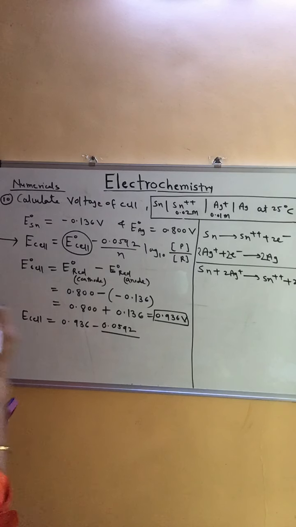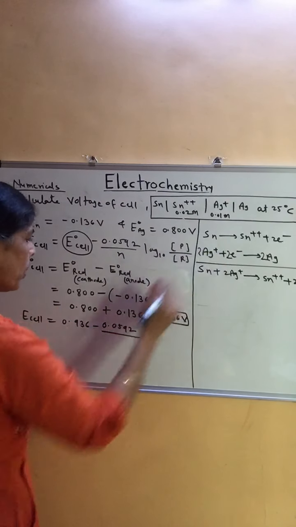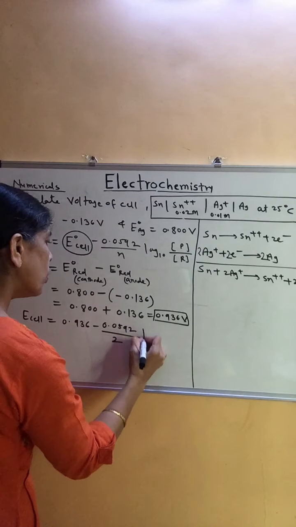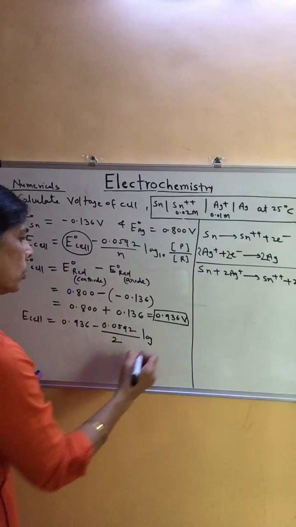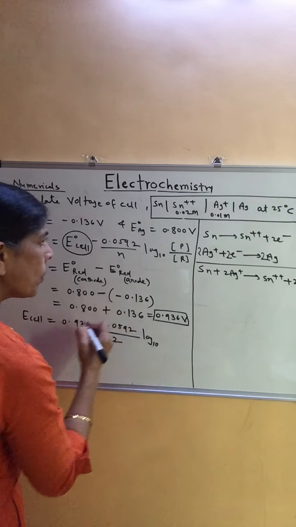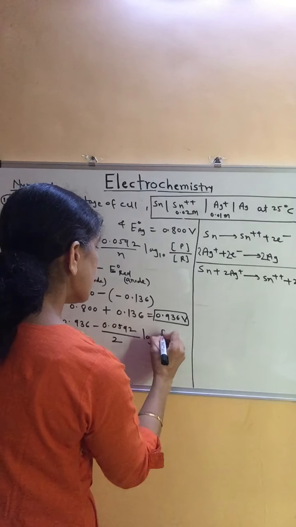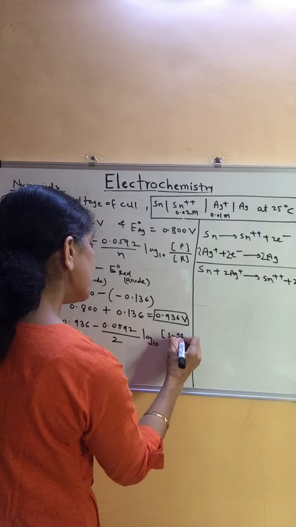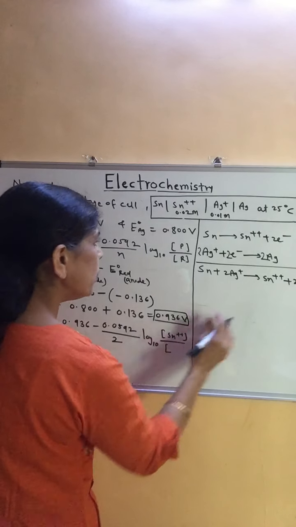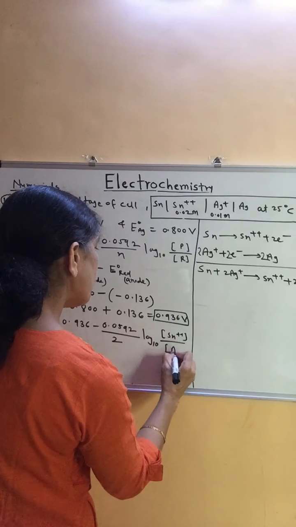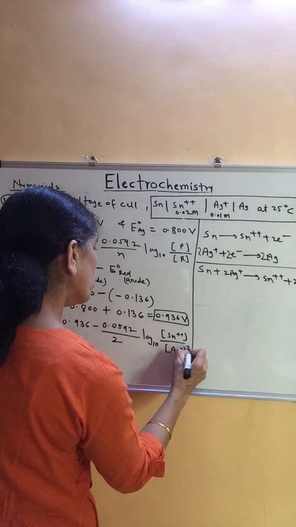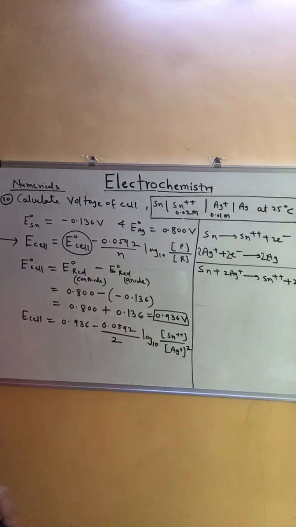The number of electrons involved is 2, so upon 2, log of which species? Concentration of Sn2+ upon concentration of Ag+ raised to 2. See the formula carefully.